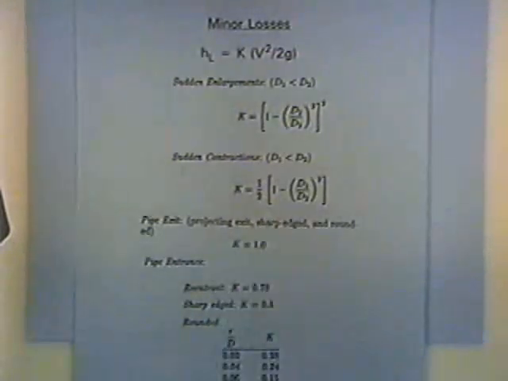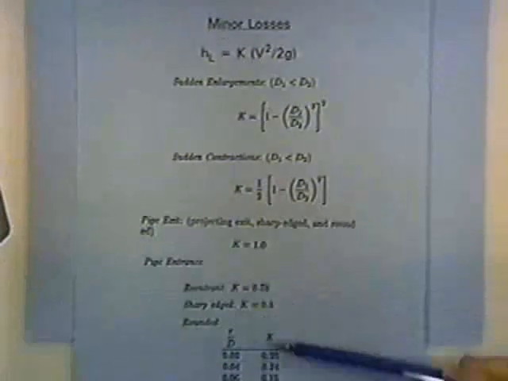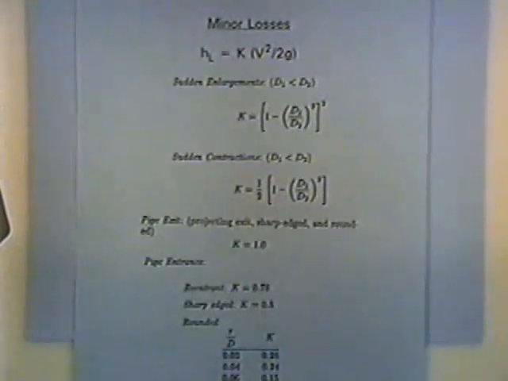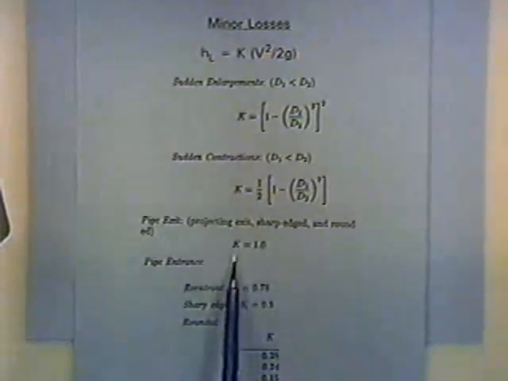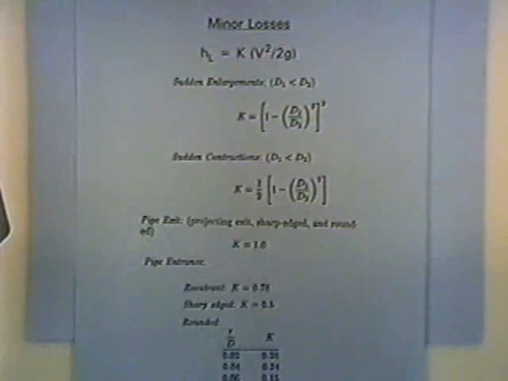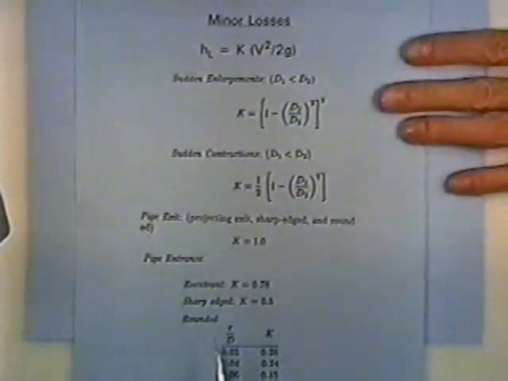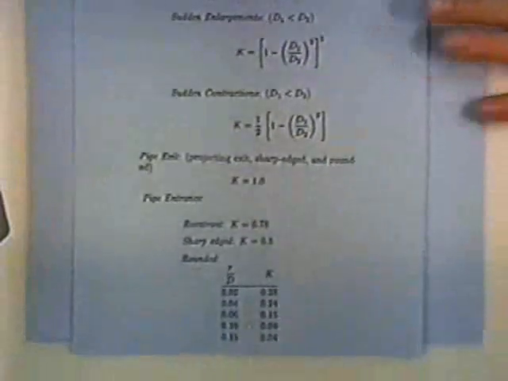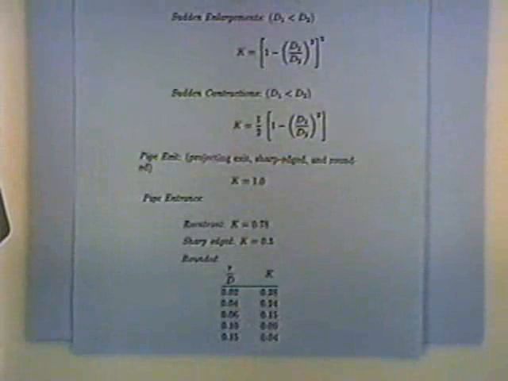For sudden contractions, it gives an equation, and it's just giving some basic information based on empirical data to estimate minor loss coefficients. At an exit, it's saying the coefficient is 1. Pipe entrance, for a sharp edge entrance, K of 0.5. And for rounded entrances, it gives some additional information.